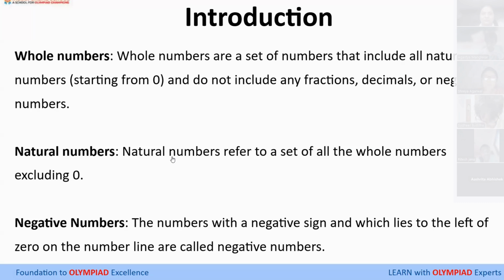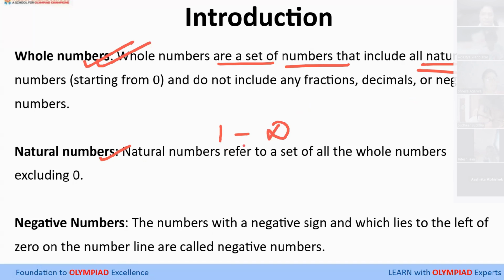Okay. So, whole numbers. A whole number is a set of numbers that includes all the natural numbers. Now, what are natural numbers then? Natural numbers are basically numbers starting from 1 to infinite. There is nothing called last number. I hope everybody knows that, right?